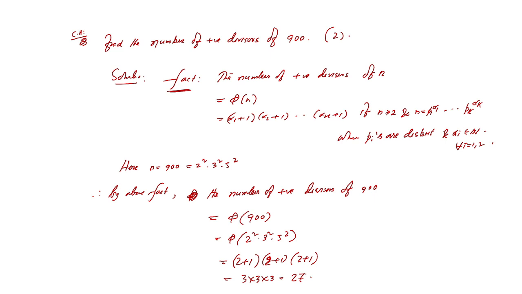Okay. Now we come to another important concept, another important number theoretic function. This is called the sigma function. Next we recall about the sigma function. So that we represent sigma.